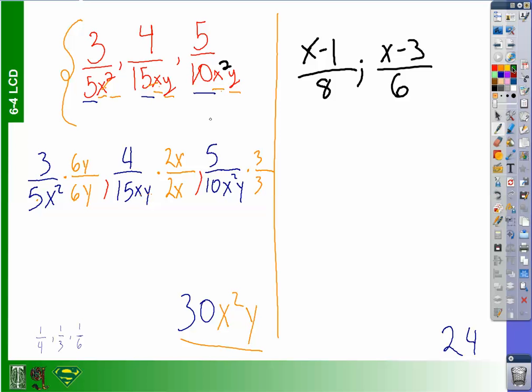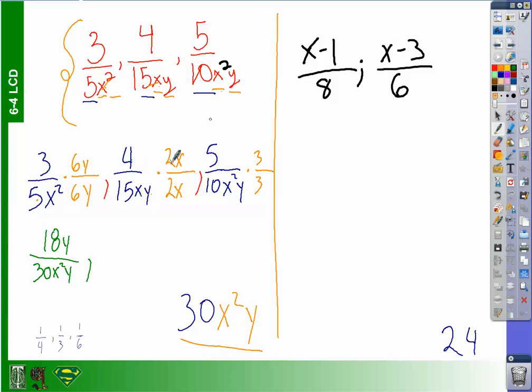Okay. So now it's time to multiply all the numerators together and all the denominators together. And we'll have 3 new fractions that all have a common denominator. So we have 3 times 6y. What is 3 times 6y? 18y. And when I multiply the denominators, I get my common denominator, right? So I have 30x squared y.